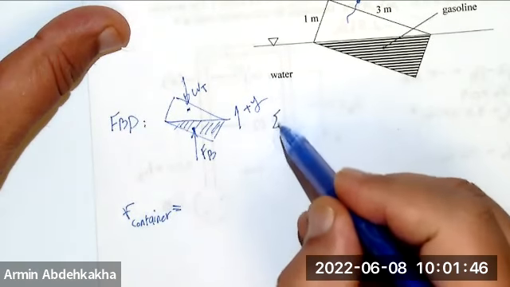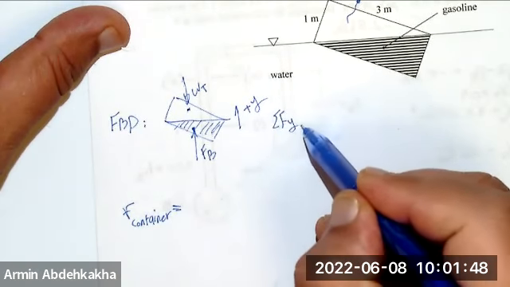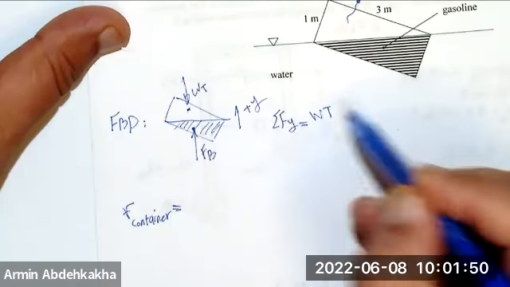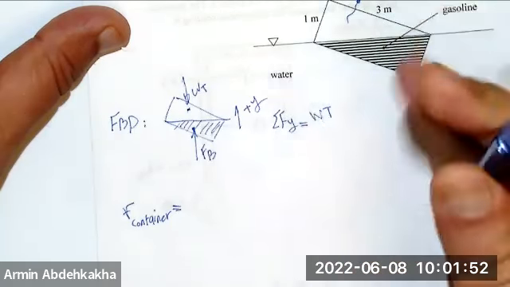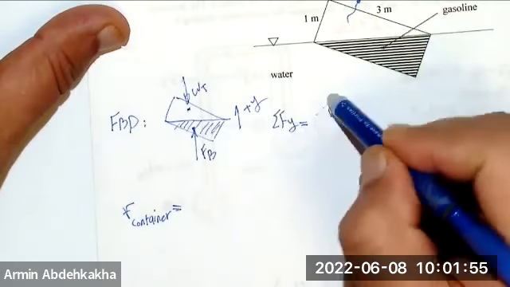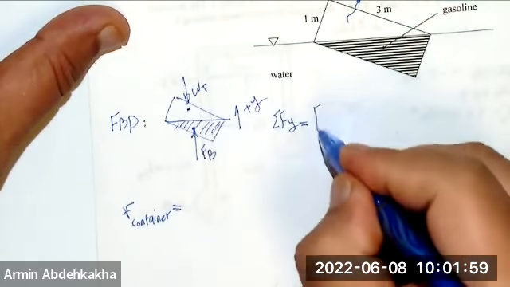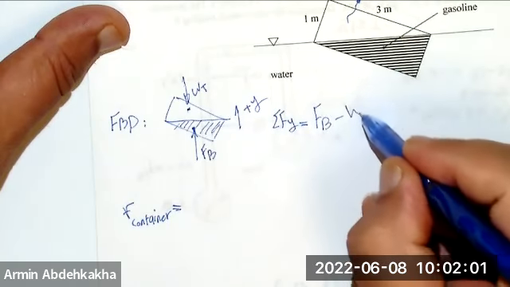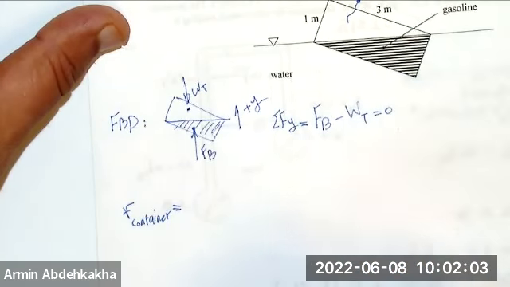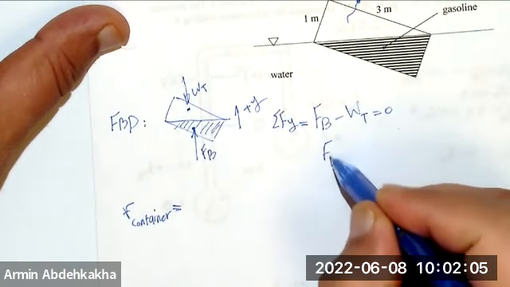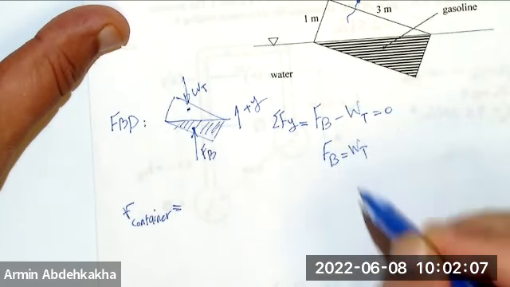To write the sigma of y here, at first, let's write that WT, first buoyant forces upward, the F of B minus WT is equal to 0. Right? So FB is equal to WT.